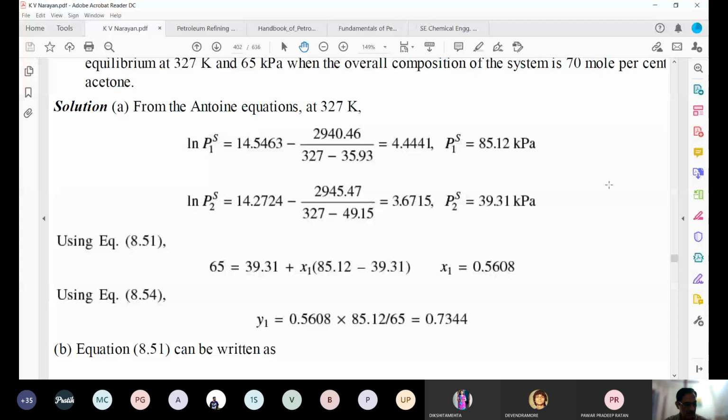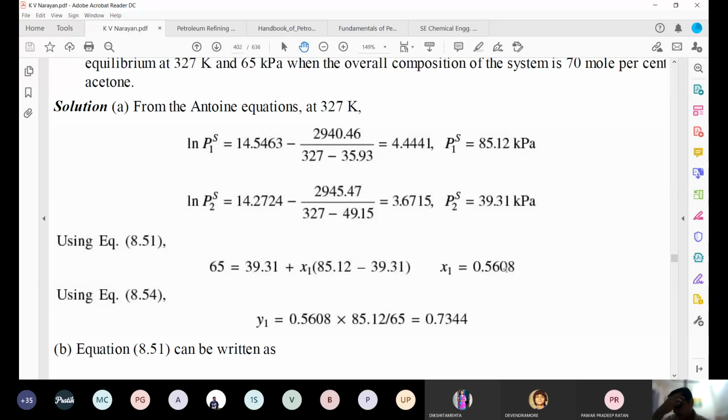Suppose the fraction of liquid is F, or some unknown number, it doesn't matter. Then we can do the material balance. Is it clear?